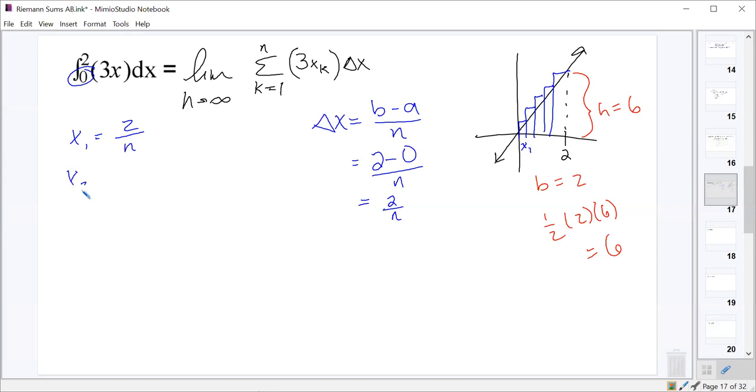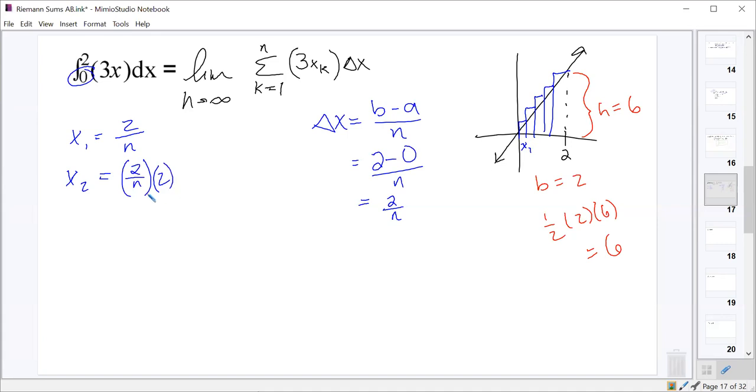All right, well, what about x sub 2? How far over from 0 did I go to get to the next one, x sub 2? I went over 2 over n once, and then I went over 2 over n a second time, didn't I? Do you guys agree with that?